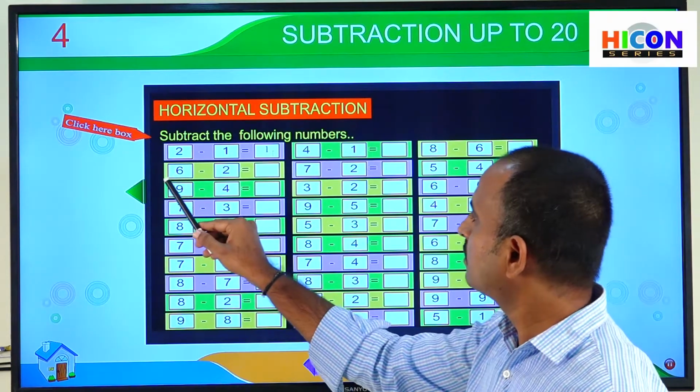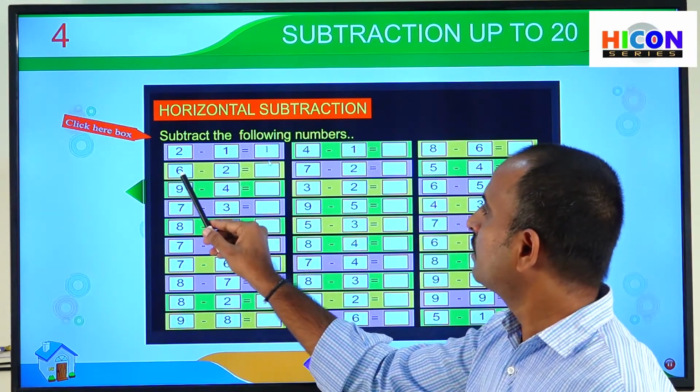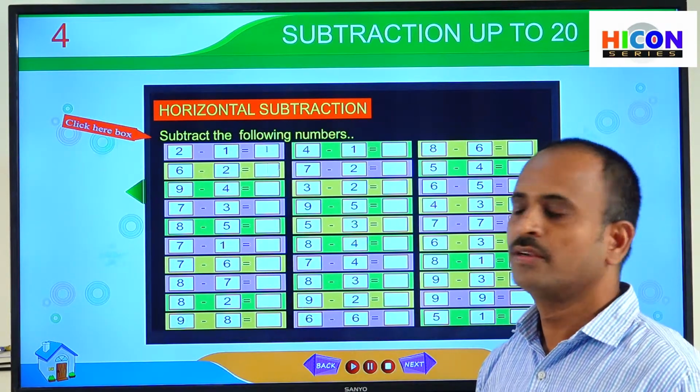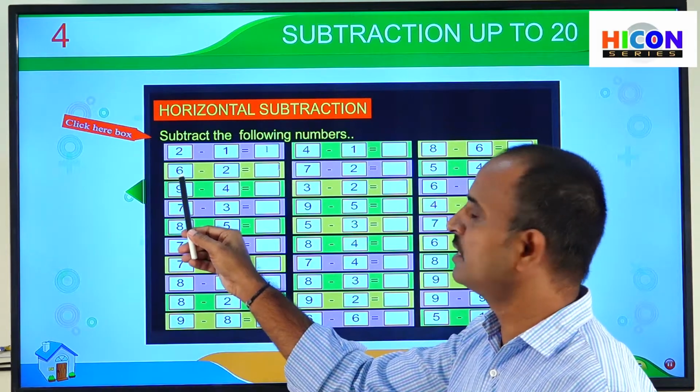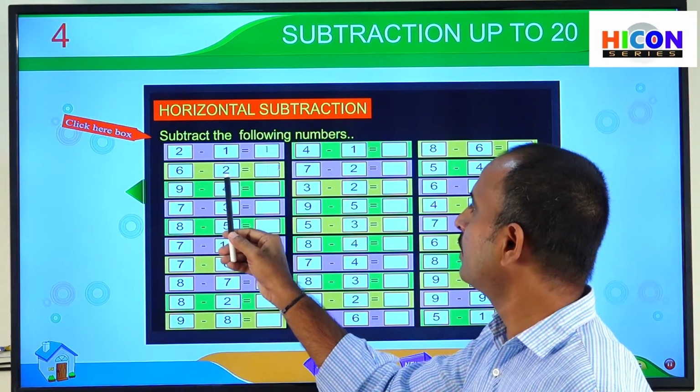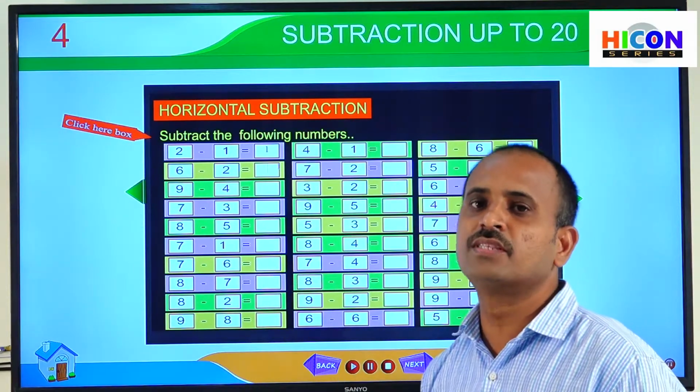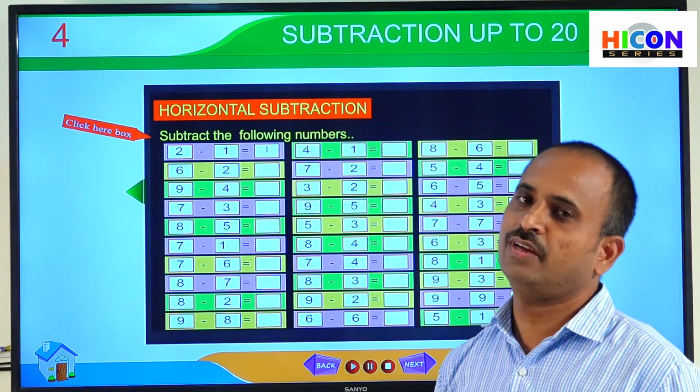Next, see the second subtraction. So here 6 minus 2 is equal to how much? Here the first number in the subtraction is 6 and the second number is 2. So how can we do this subtraction? We can do this subtraction by using our fingers.